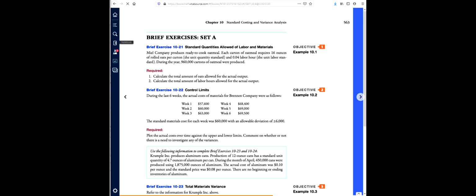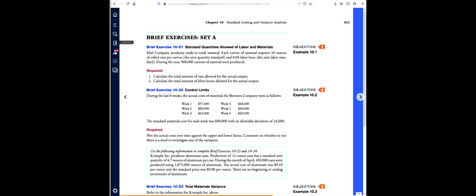Many companies do have what we call upper and lower control limits. For this particular company, the standard is $60,000, and the control limit is plus or minus $6,000. So we would investigate variances where the costs were below $54,000, which is $6,000 less than the $60,000.